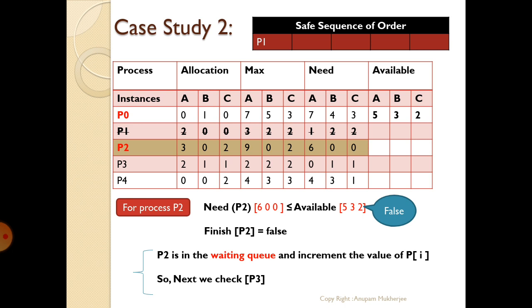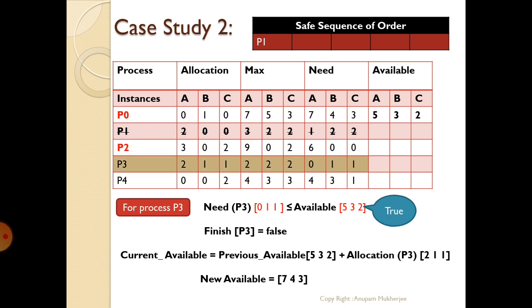Now next we move to process P2. The need of P2 is 600, which is to be compared with available system availability 532. The answer is false. So P2 is in waiting state. So again we move to the next process, that is P3.